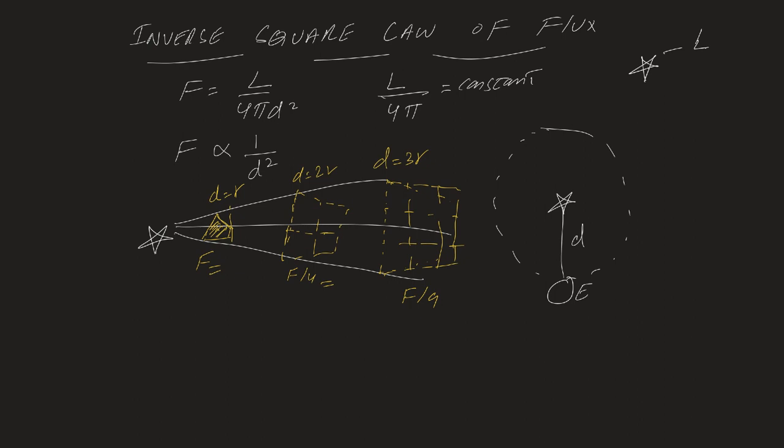So the radiant flux intensity keeps on decreasing. If you would like to plot a graph of it, then here will be D in meters, and the radiant flux intensity will be F in watt meter minus 2. We know that this is watt per meter squared, the unit for radiant flux intensity.